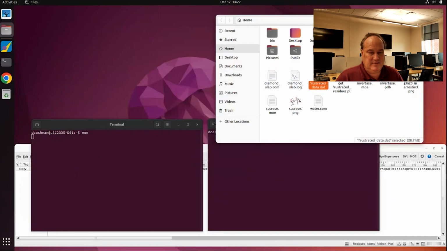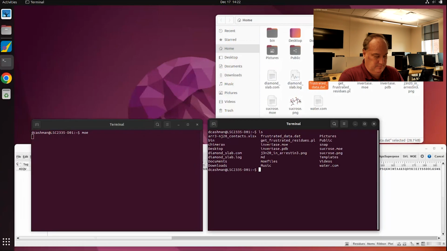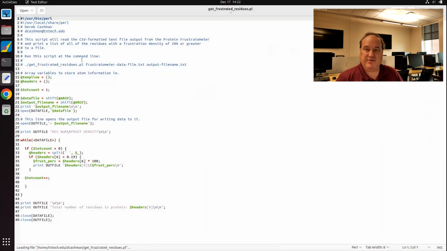I have a Perl script called get frustrated residues, and this is going to parse our file for us. Perl is very useful for parsing data, and you can see my information here.